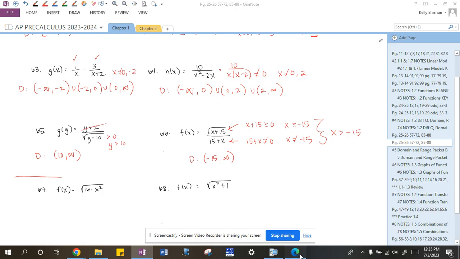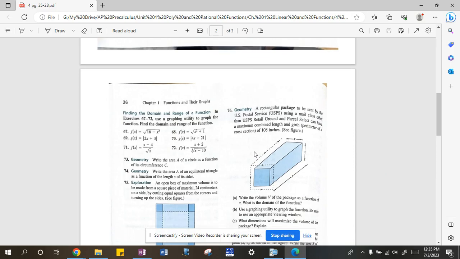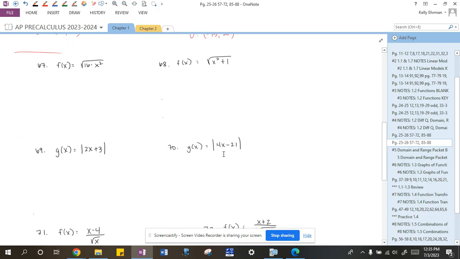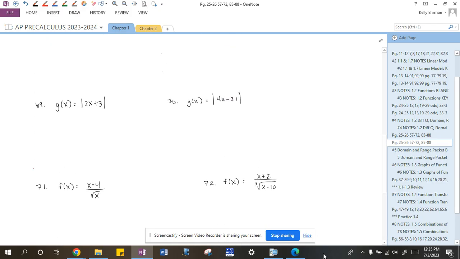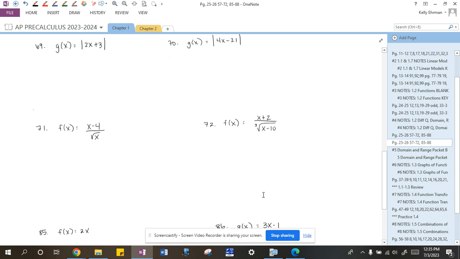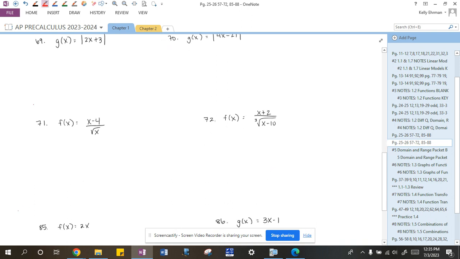And then for this next section, I believe we're doing domain and range. Yep, so it says use a graphing utility to graph the function, find the domain and range. Let's see, number 72. I don't want you to use a graphing utility.